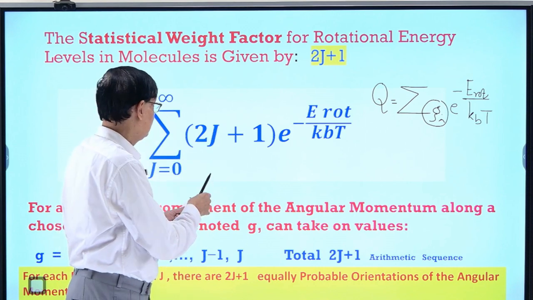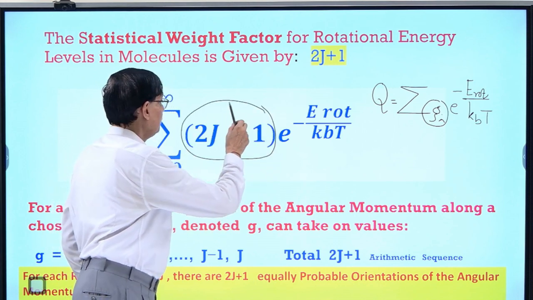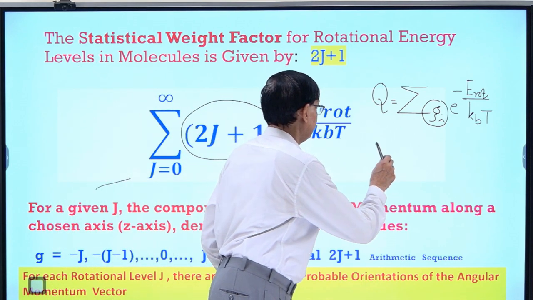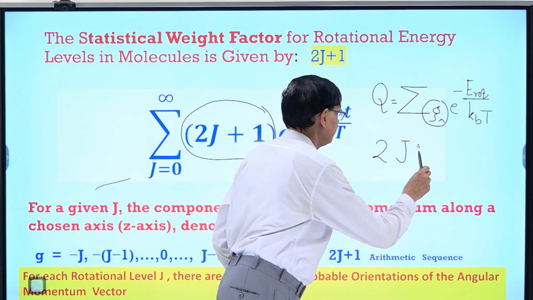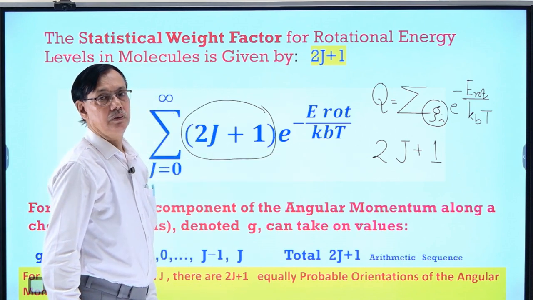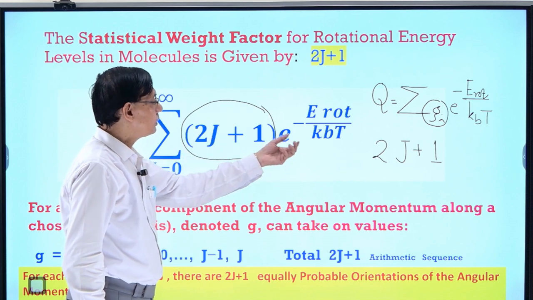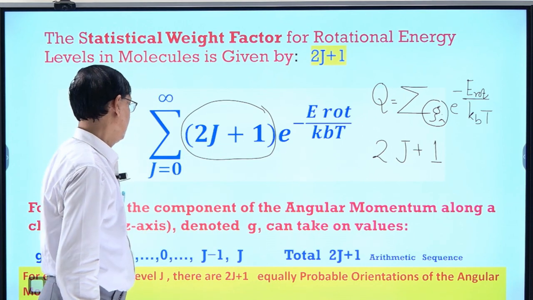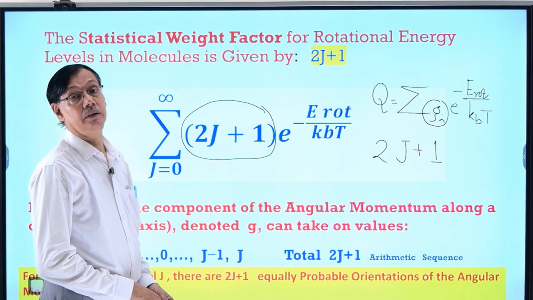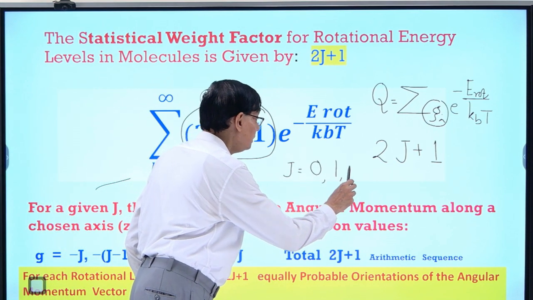But here, see very carefully, the value of g is equal to 2J plus 1. Now, what is J? J is the rotational quantum number, or angular momentum quantum number, you can call it, and the value of J may be 0, 1, 2, 3.